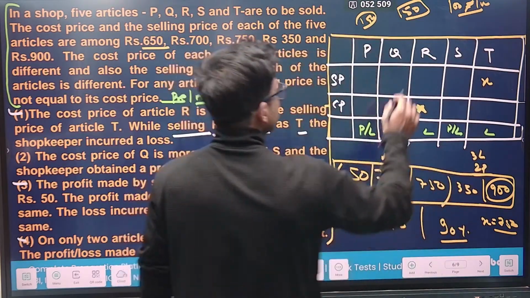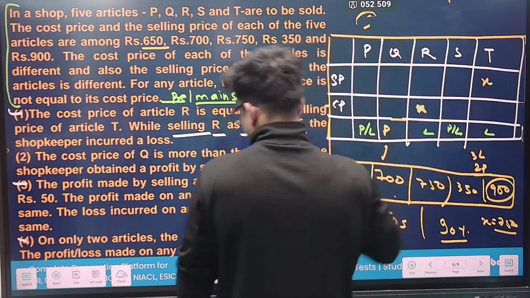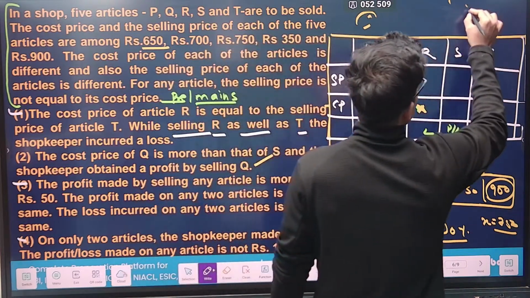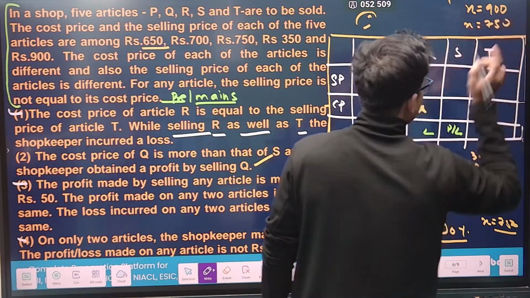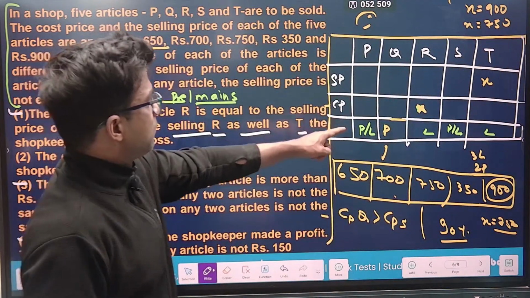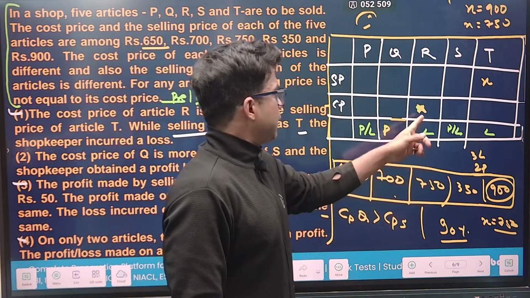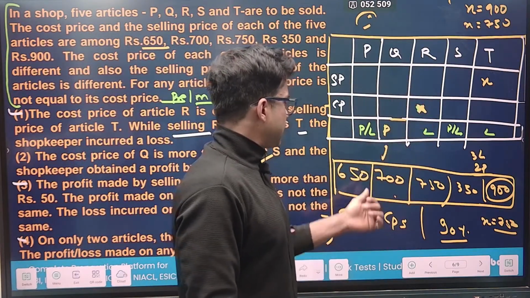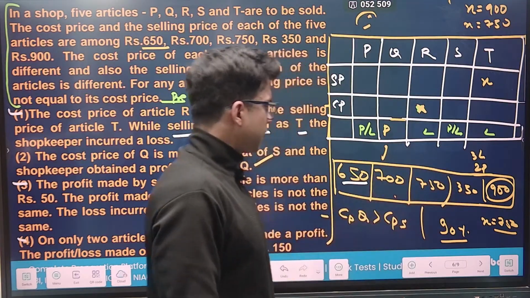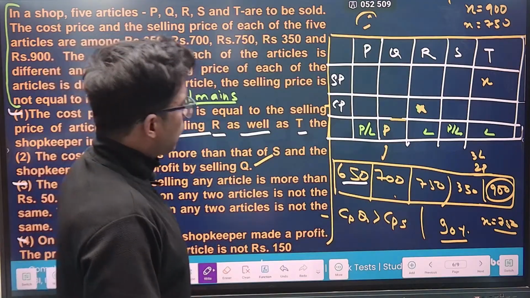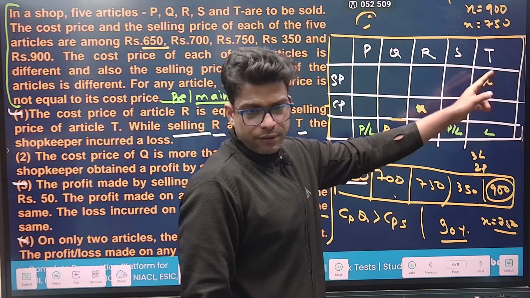Let me write it down here so that I make everything clear. See, X cannot take 900, correct? Can X take 750? Now if X takes 750, then what would the selling price be? The cost price is 750, and they incurred a loss. It would be either 650 or 350. 700 also, but 700 cannot be possible, because here it should also be a loss. Isn't it, everyone?